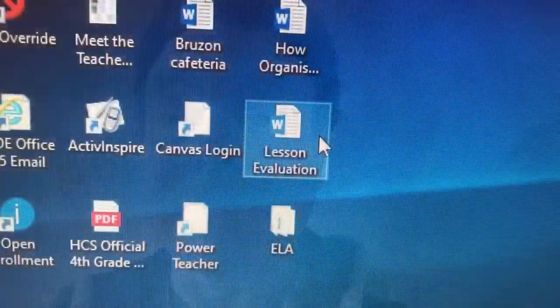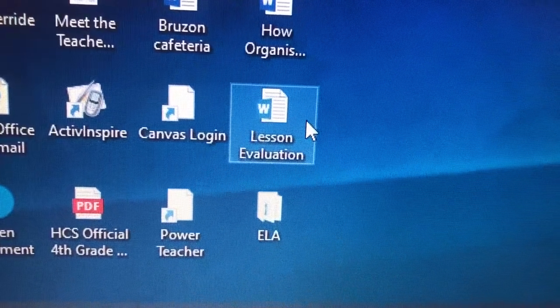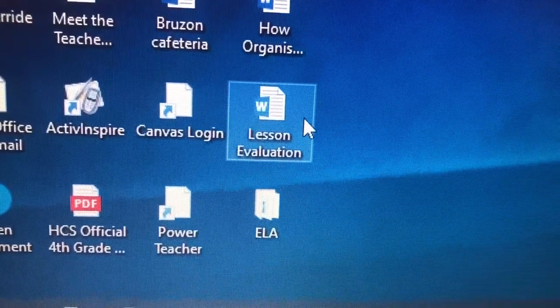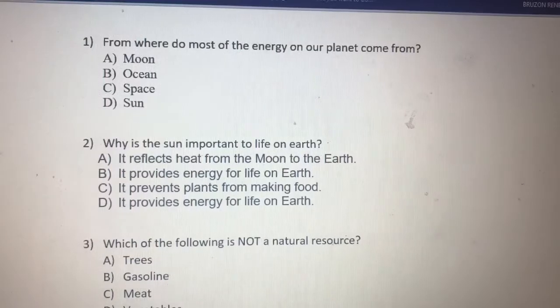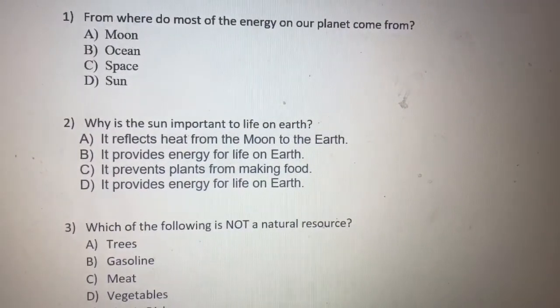And there is one more thing to do before the lesson is over. Now I want you to click on the document titled Lesson Evaluation. It looks like this. It is 5 questions, okay? They're multiple choice. So these questions are from the previous lesson and for this lesson. So this is going to let you know if you actually understood those 2 lessons. So this is what we call an evaluation or an assessment.